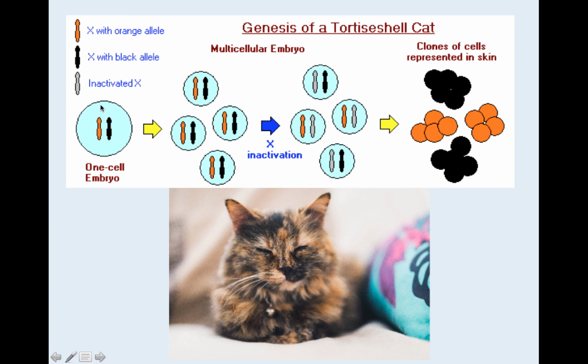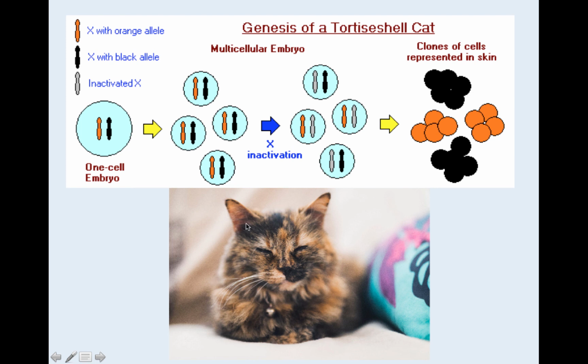Now this kitten here inherited one X that causes orange fur and one X that causes black fur. And so some of the cells are going to have the black fur causing allele inactivated, and the others are going to have the orange inactivated. So some hair follicle cells are going to make orange fur, and some are going to make black fur.